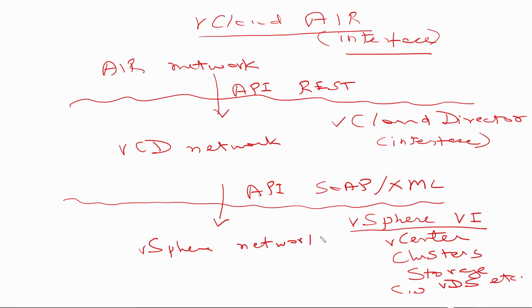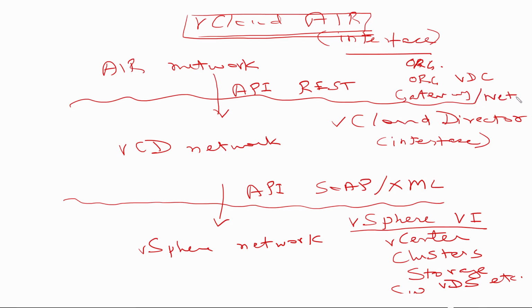Now this may all sound really complicated, but don't worry about it. In vCloud Air, as we said before, we only talk about organizations, orgs. We talk about organizational virtual data centers, and we talk about gateways and networks. That's it. We don't worry about all this other stuff that is out there.